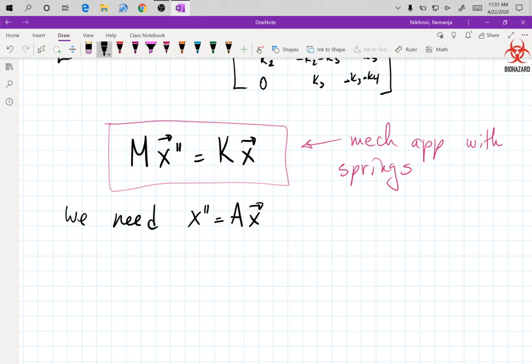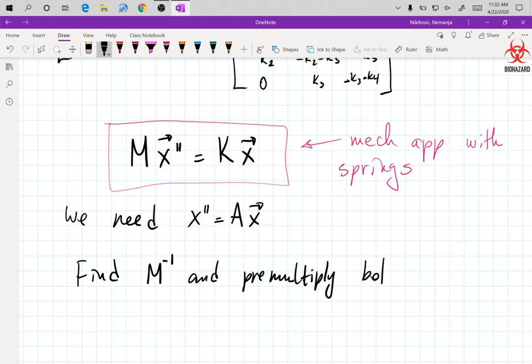And in order for us to get there, I need to get rid of matrix M. And to get rid of the matrix M, we have to use the inverse matrix to pre-multiply by the inverse matrix to eliminate M. So find M inverse and pre-multiply both sides.